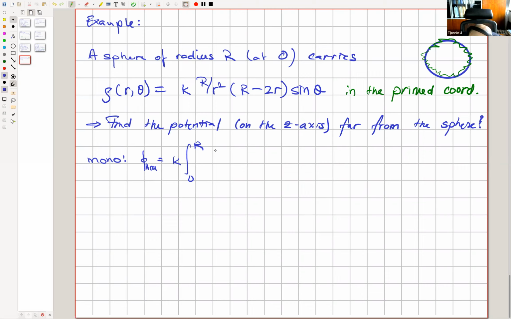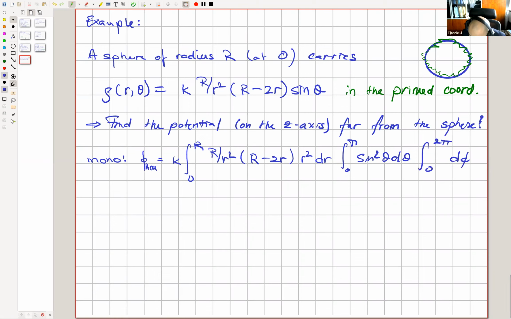So I know that this is simply r over R squared, and this is R minus 2r, and then if I want to integrate this in the spherical coordinate system, I get r squared dr. Again, bear in mind that these are all in the prime coordinate system. It would be a little bit too much to write primes everywhere, but this is the relevant integral to do, because I also have to go from 0 to pi in theta, and then from 0 to 2 pi in phi.